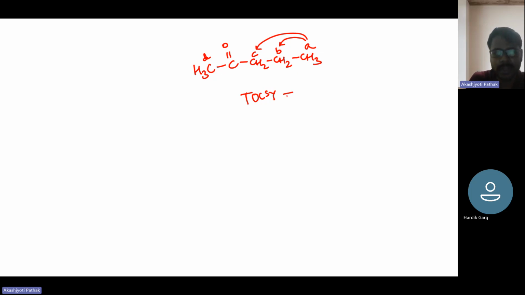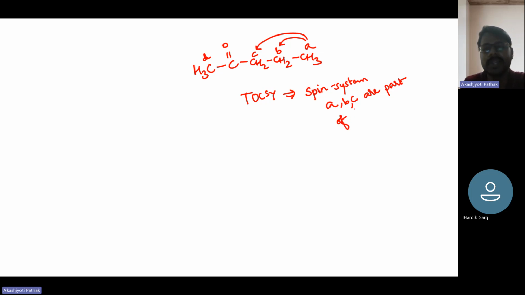So the information that we get from COSY is which protons are present in a spin system. All these A, B, and C are part of the same spin system. That information, whether the protons are part of the same spin system or a different spin system, is obtained from a TOCSY experiment.